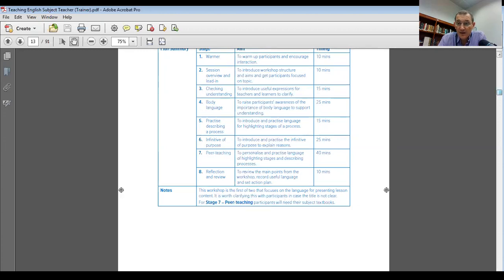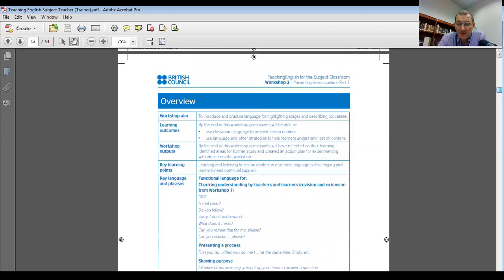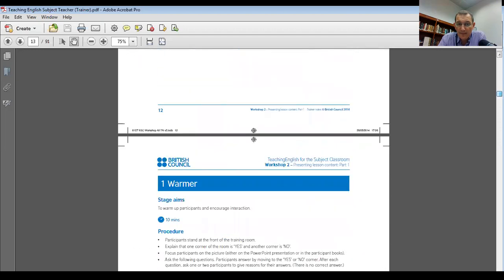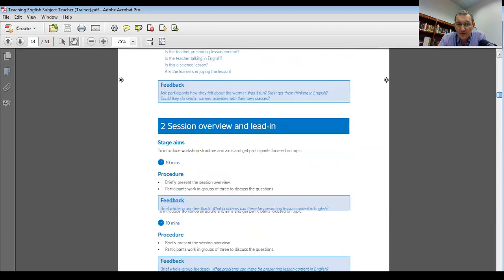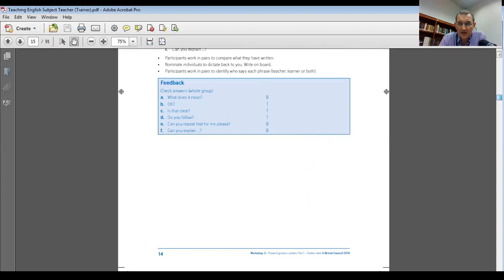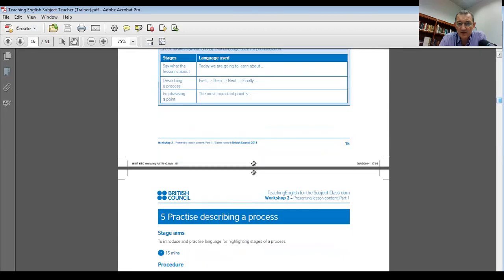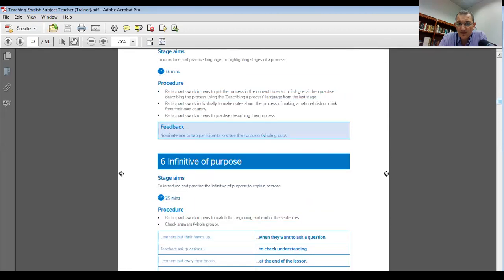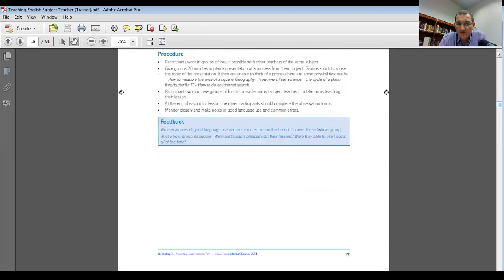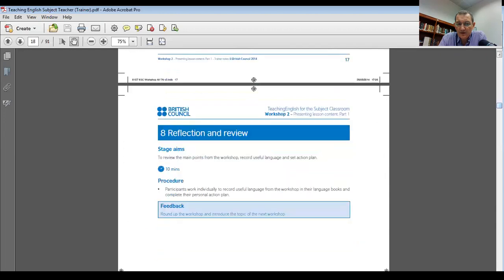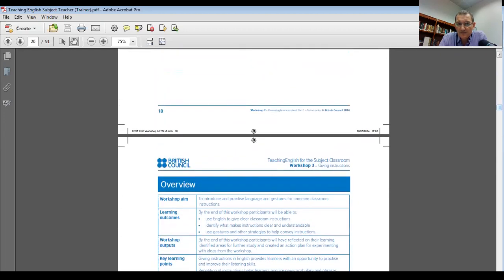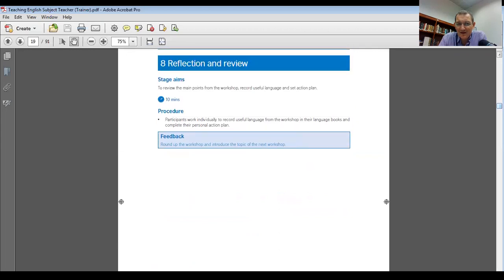Okay, so that is the overview and the summary. The next few pages give detailed instructions on procedures for conducting this session. I'm not going to go through that now, but I will take you to the end to remind you that for any resources, there are none.